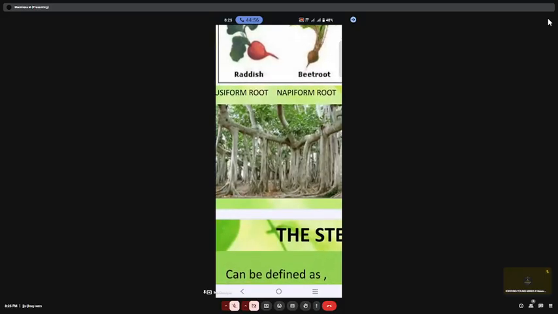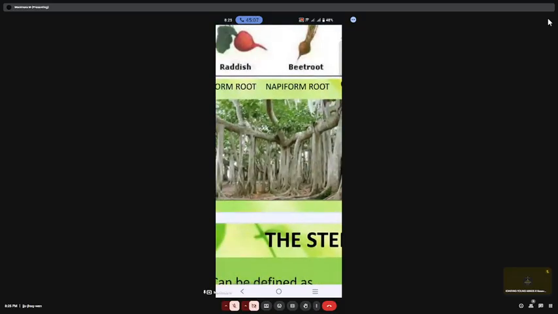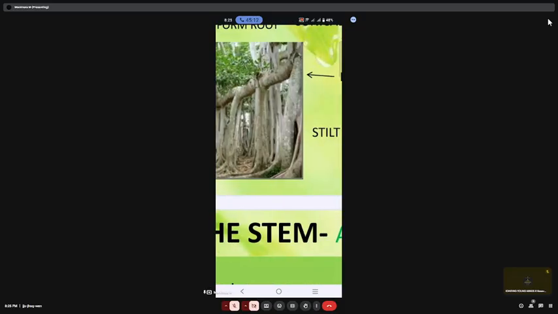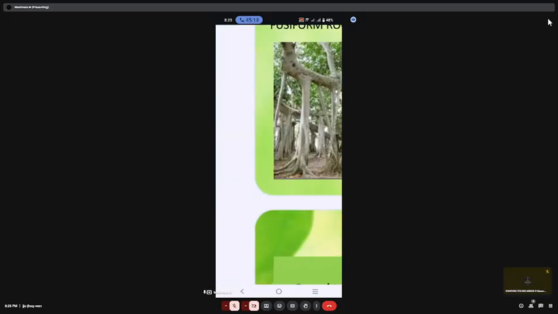They hang in the air, grow downwards, penetrate into the soil and act as supporting pillars. Noticed it? It acts as a supporting pillar for the trees, right? Have you seen the banyan tree?